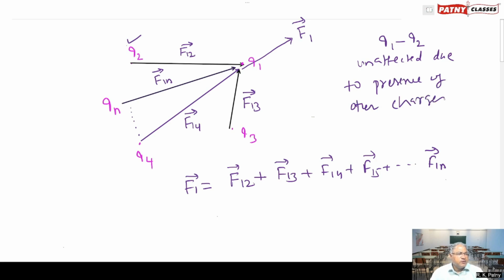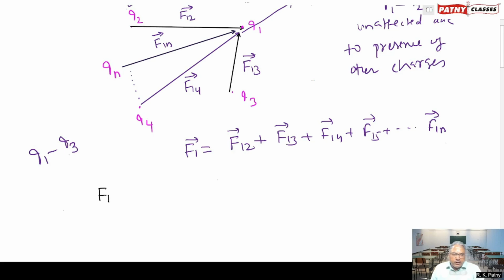That is, the force between Q1 and Q2 is not affected by the presence of Q3, Q4, Q5, etc. Similarly, the force between Q1 and Q3 is unaffected by the presence of other charges like Q2, Q4, Q5, etc. This is the important condition while you use the principle of superposition.